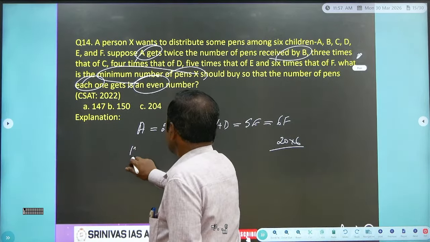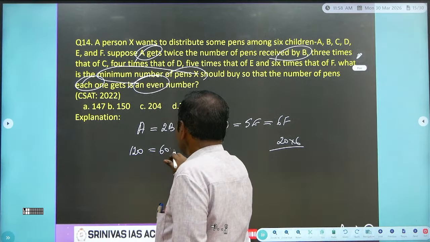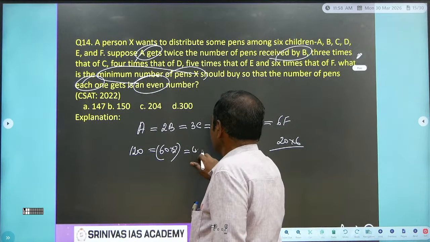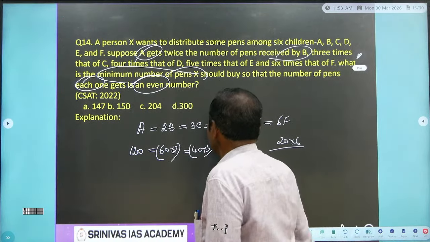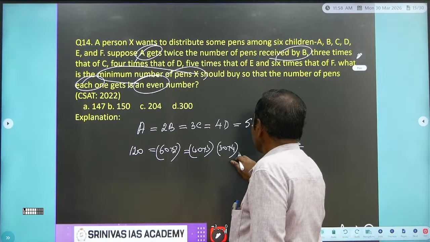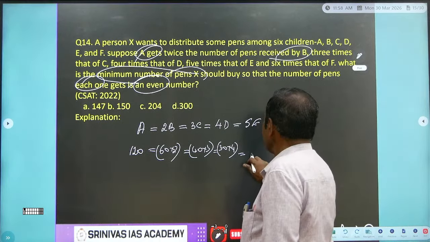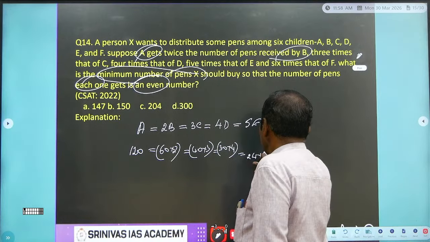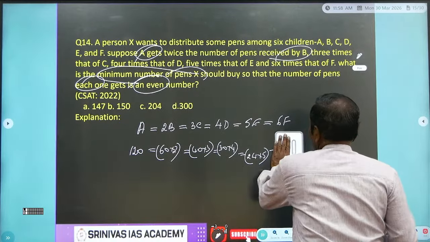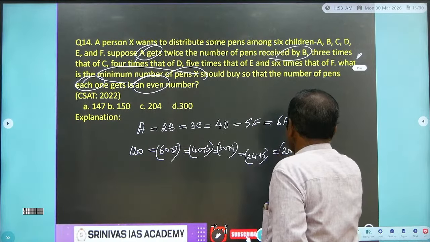Take 120. 120 equals what? 60 into 2, 40 into 3, 30 into 4, and next 24 into 5, and 6 means you can take 20 into 6.